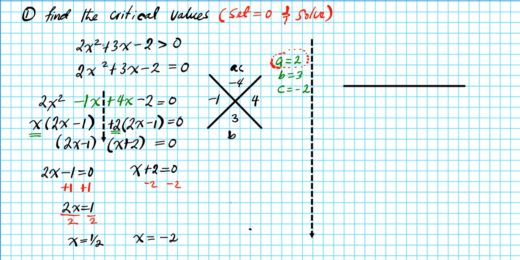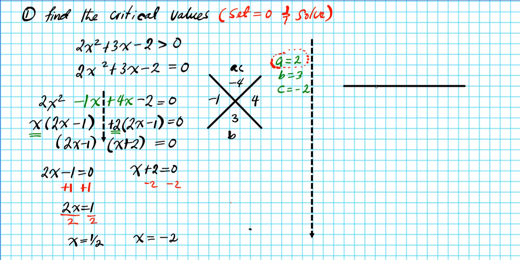So this is the original inequality. We have 2x squared plus 3x minus 2 is greater than 0. Since there is no equal to symbol here, it basically tells us that the critical values are not included in the solution region.